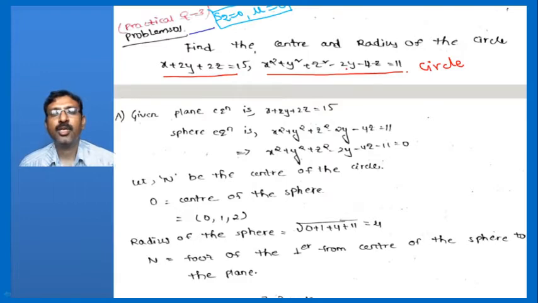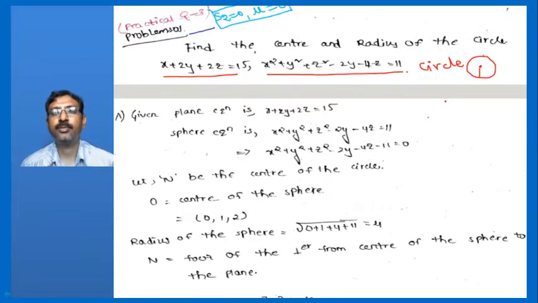So here the question is, this is the equation of circle. In this question we are asked to find the center of the circle and also radius of the circle.